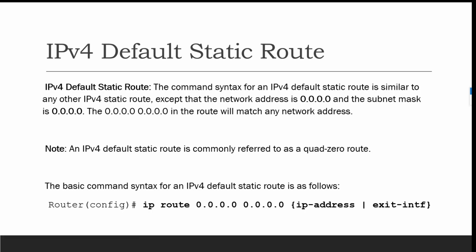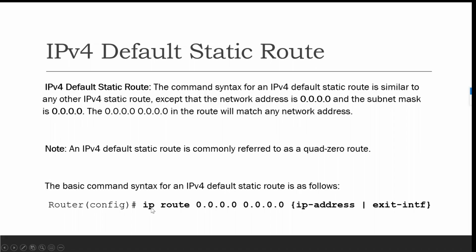When the router searches the routing table and couldn't find an exact match, the router is going to send the traffic to its default route. To configure an IPv4 default route, we use ip route 0.0.0.0 0.0.0.0, either with the exit interface or the next hop IP address.